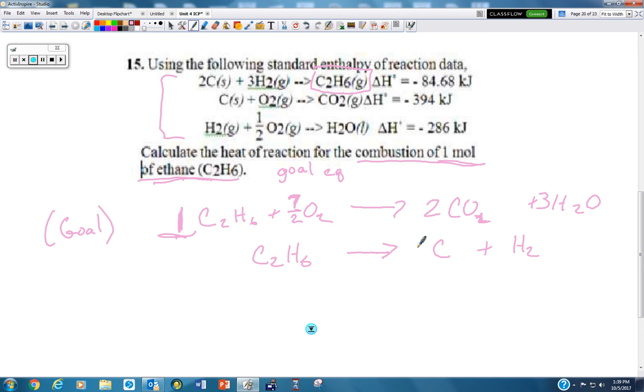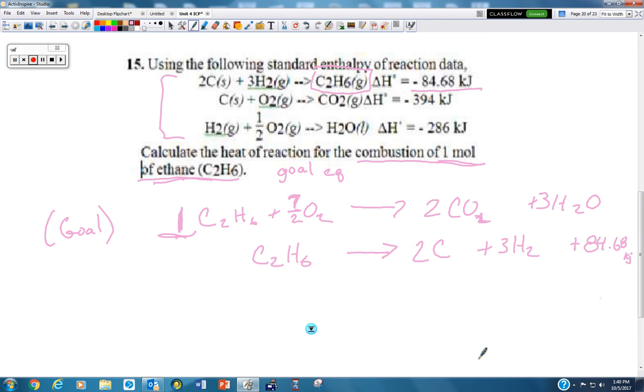So that's 2 carbons and 3 hydrogens. Since we flipped the direction of the equation, what does that do to our number here? It makes it positive, so it's now positive 84.68 kilojoules.